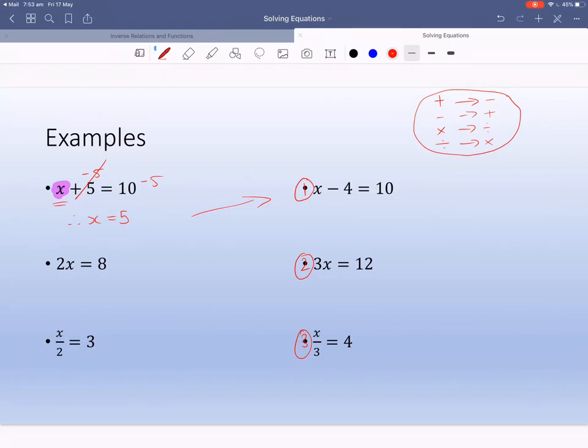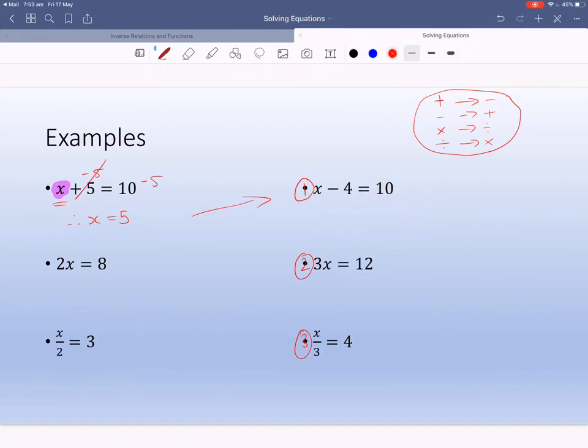I'm assuming you already paused it and did it. I'm going to go through the same process. I'm going to block this side out, and I'm thinking, what is stopping the x being by itself? Well, it's clearly this minus 4. So the opposite of minus 4 is plus 4.